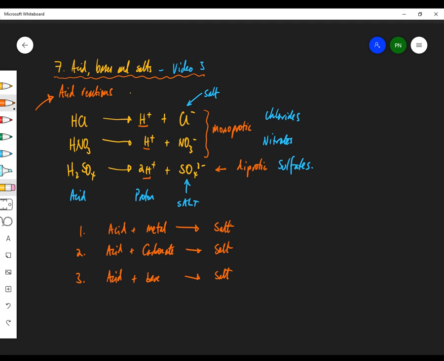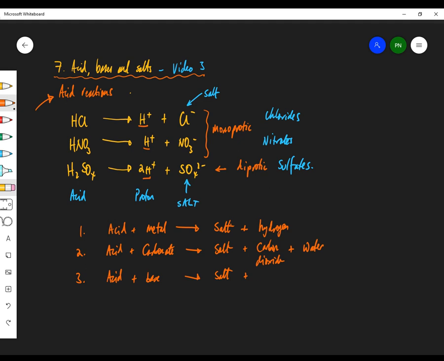Why do they give a salt? Well, they're an acid because they get rid of their proton, and if they get rid of their proton, what's left is the salt. Now, obviously, they give other things as well. Acid plus metal is going to give a hydrogen as well. Acid plus carbonate is going to give carbon dioxide and water.